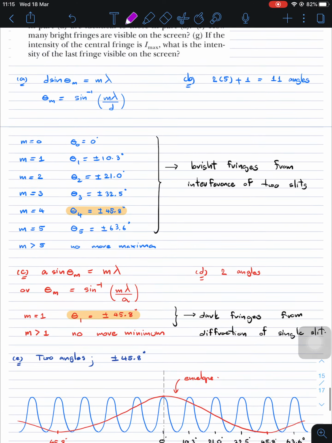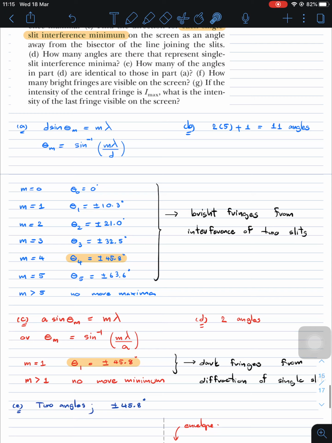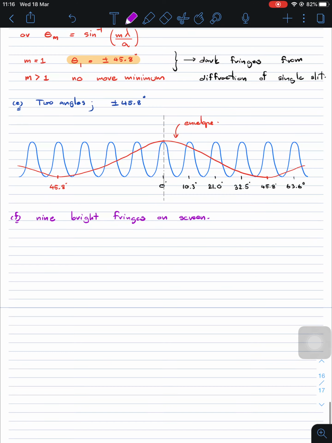Now part G. If the intensity of the central fringe is Imax, what is the intensity of the last fringe visible on the screen? So if this value equals Imax, we want to find the intensity at this position, at this angle.